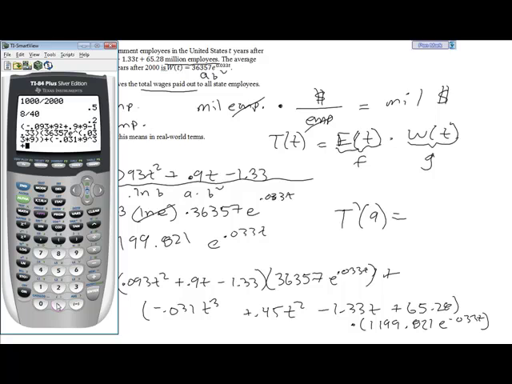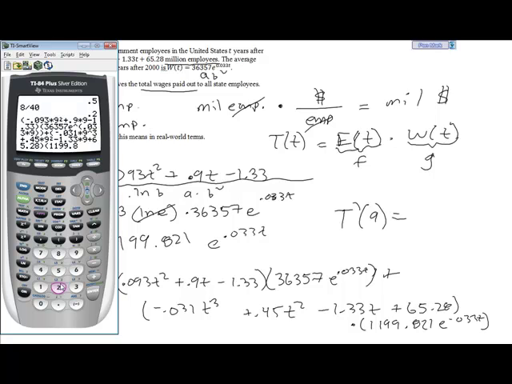Plus 0.45 times 9 squared minus 1.33 times 9 plus 65.28. Close parenthesis.